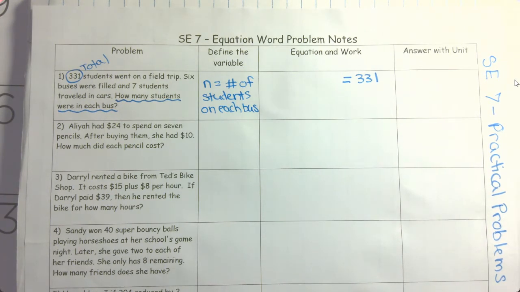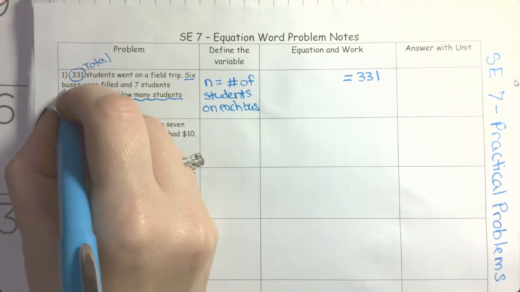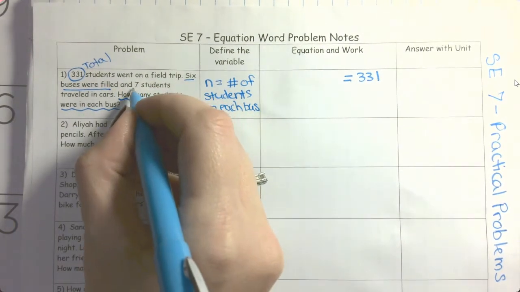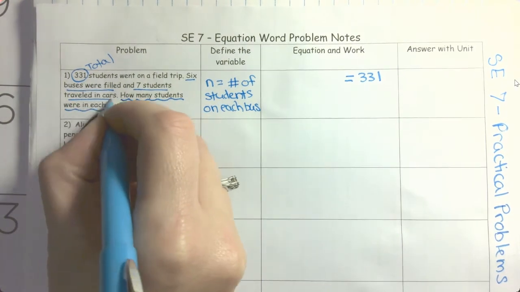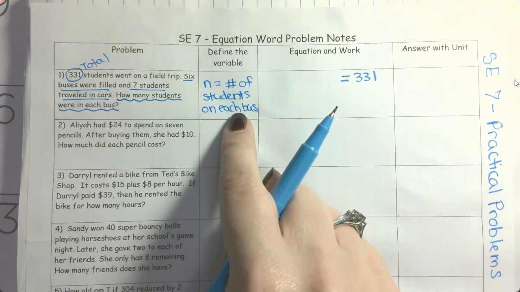So it says 6 buses were filled and 7 students traveled in cars. Well, we know 6 buses were filled, but we don't know how many students were on each bus. That's what our variable is.